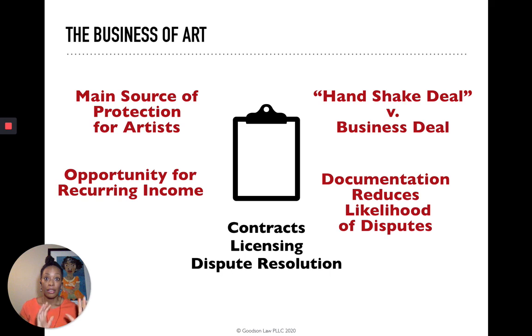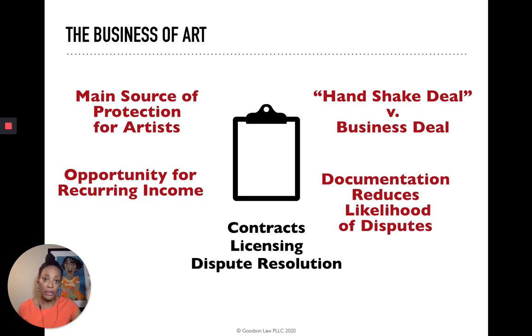There is often a sheet of paper that is exchanged in addition to the painting and the money. There's a sheet of paper or a digital file that is exchanged between those two parties, which memorializes or puts into writing the agreement for the sale of work.